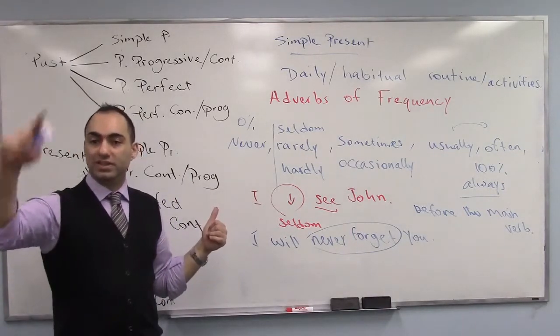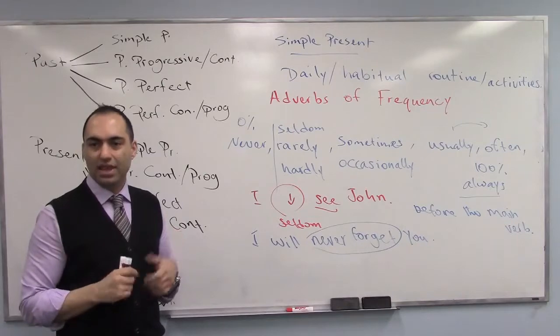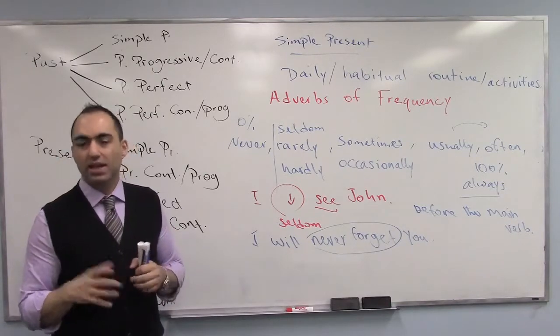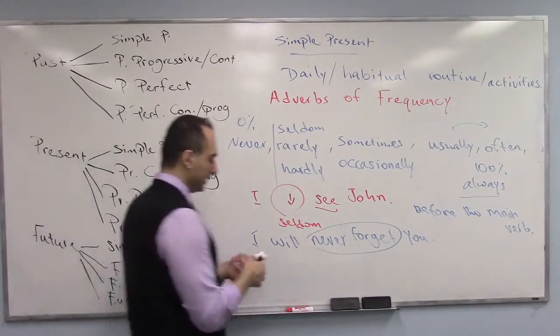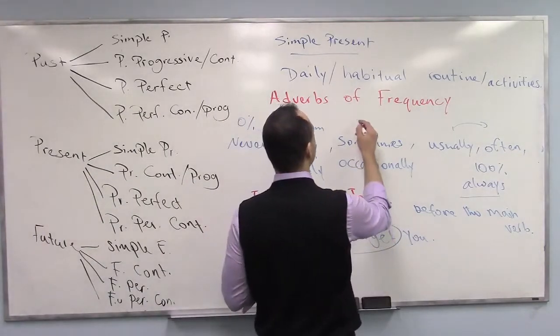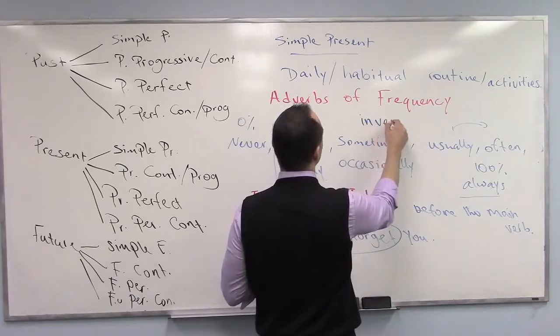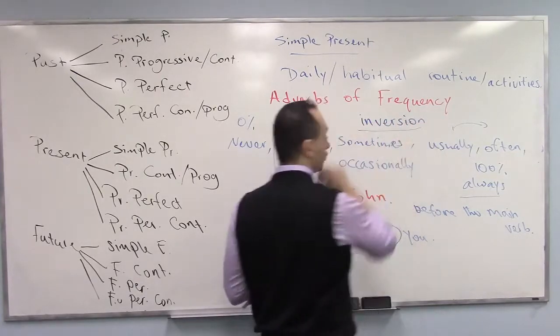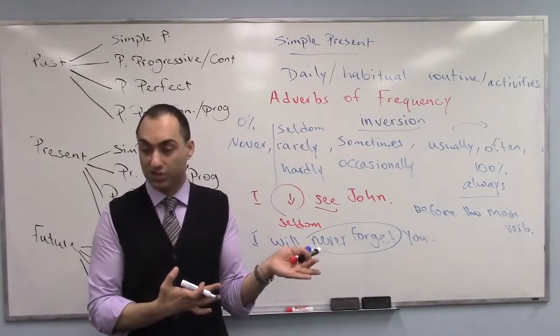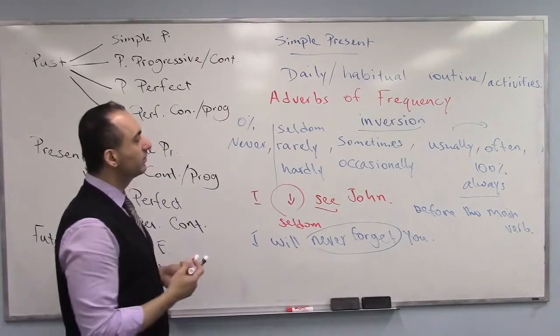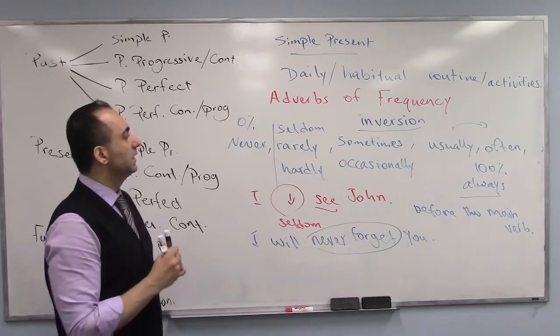Never will you see me again. I can say you will never see me again. Never will you see me again. Now, just remember this. This thing in grammar is called inversion, where the structure of the sentence changes from positive or affirmative to question form.